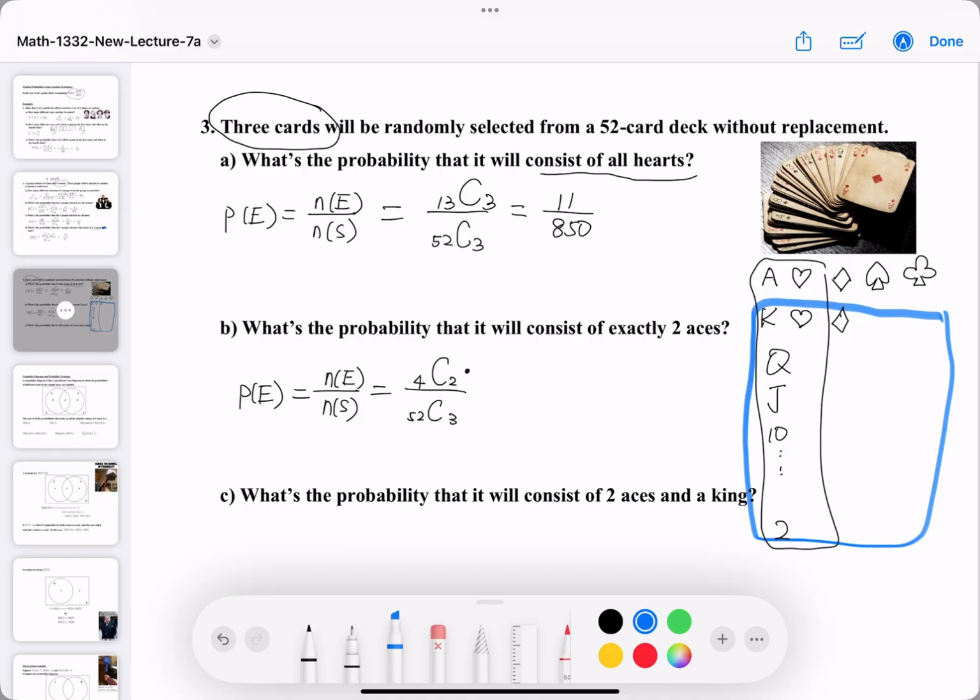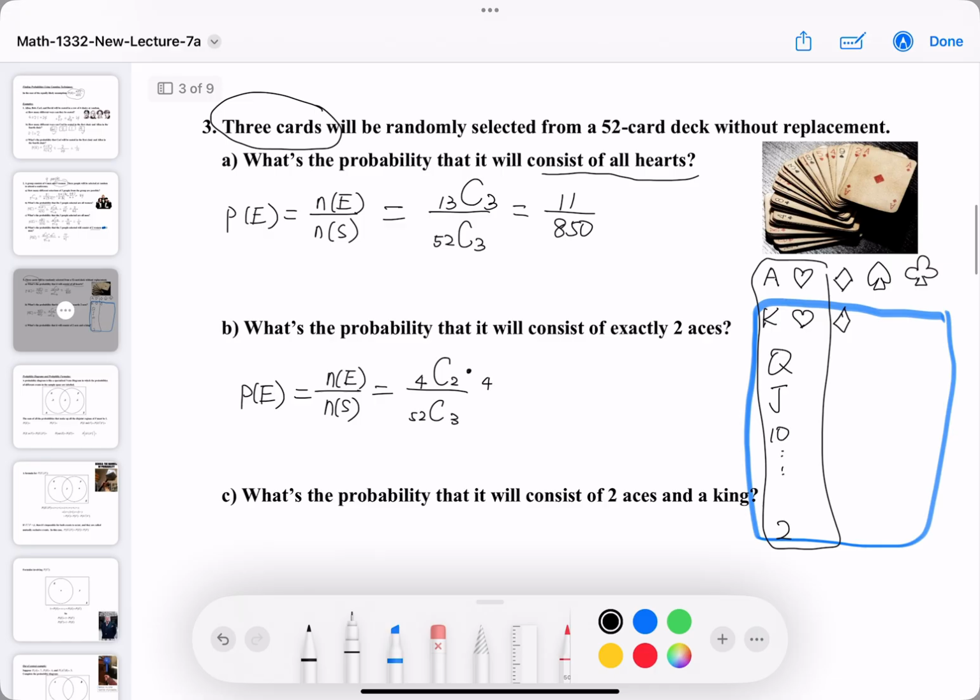So I'm using 52 minus 4. That's 48. So I'm going to choose 1 card from 48, 48 C1. Okay, we're going to simplify our solution. It is 72 over 5525.